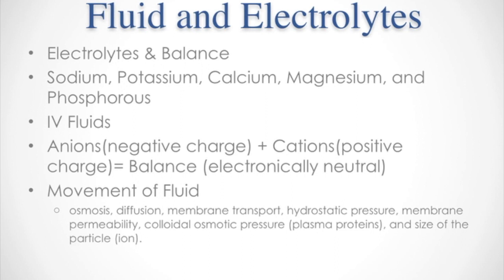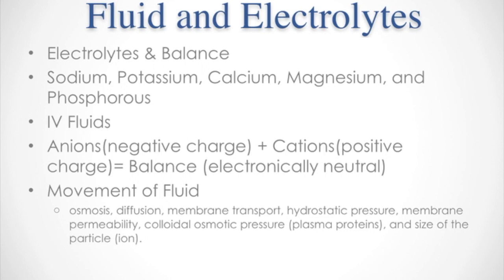There are two principles that stand out when considering homeostasis and fluid and electrolyte balance. The first principle is that positive and negative charged ions need to be balanced within each compartment and remain electrically neutral. The second principle is that fluid compartments must remain in osmotic equilibrium, so in balance.